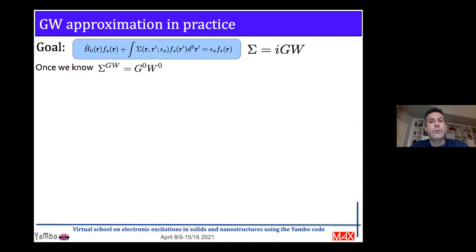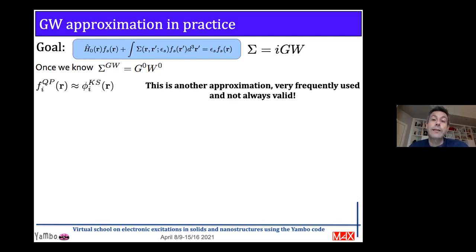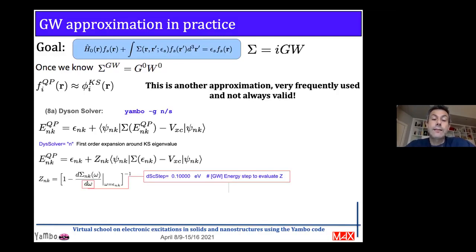So now we know how to build our self-energy, and we know how to integrate it in frequency. In order to solve the quasiparticle equation, here comes another approximation: the quasiparticle amplitude is approximated by Kohn-Sham states. Once we have done that, we can solve our nonlinear equation by expanding at first order around the Kohn-Sham energy.